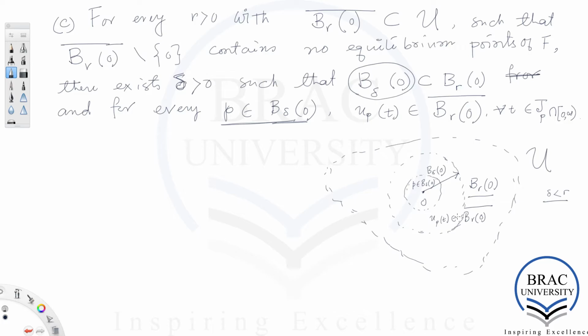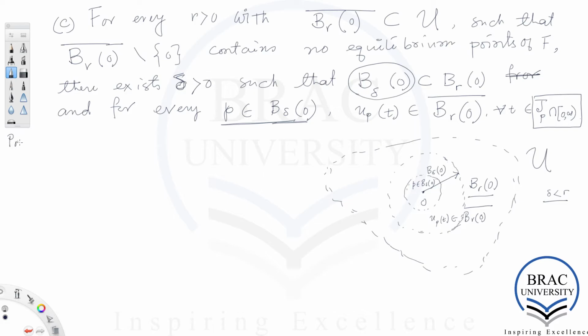So UP of T is going to belong here in this compact set, for all T in JP intersected with 0, infinity. So this is the result. So we'll try to prove it now.